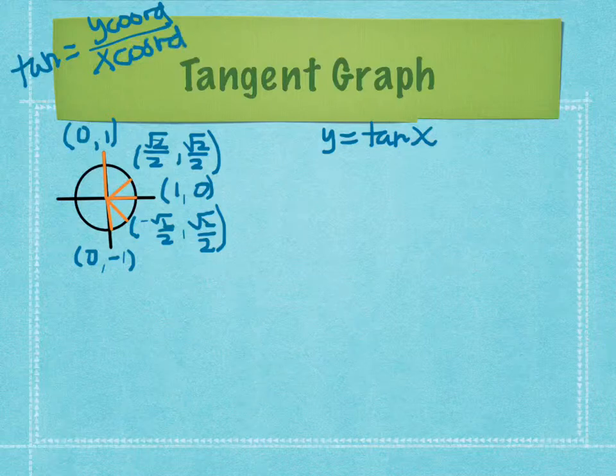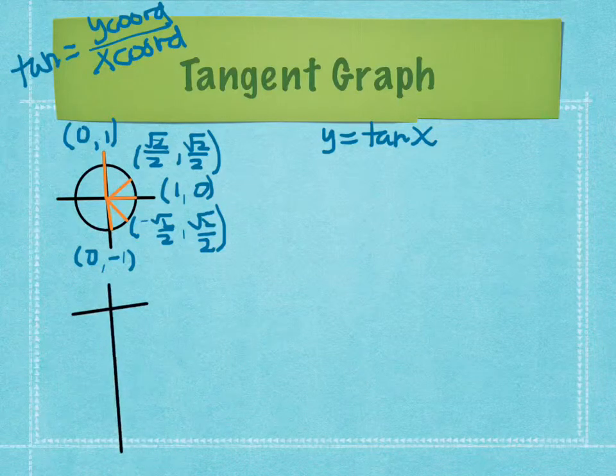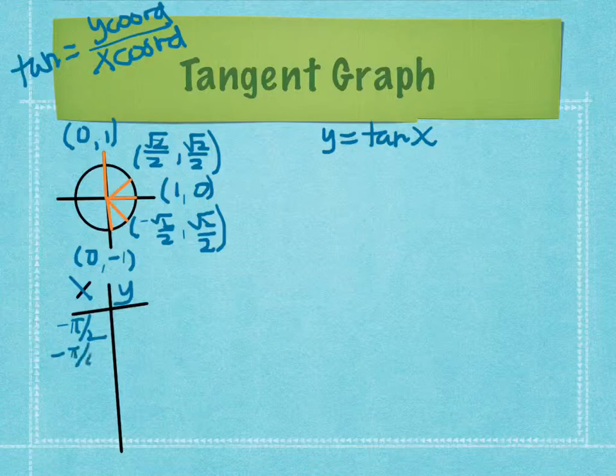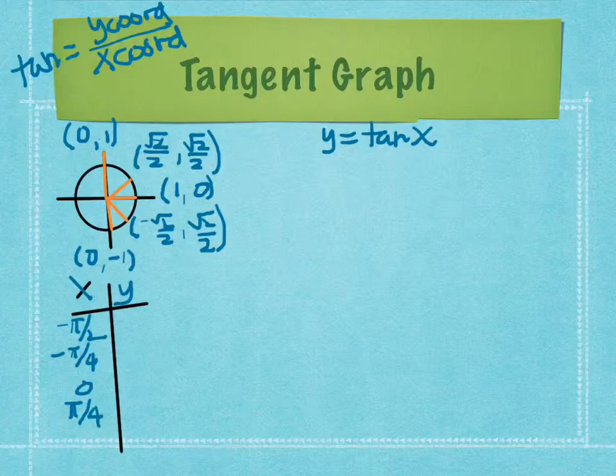So let's create a t-chart with x and y. Our x values are these angles: negative pi halves, negative pi fourths, 0, pi fourths, and pi halves.